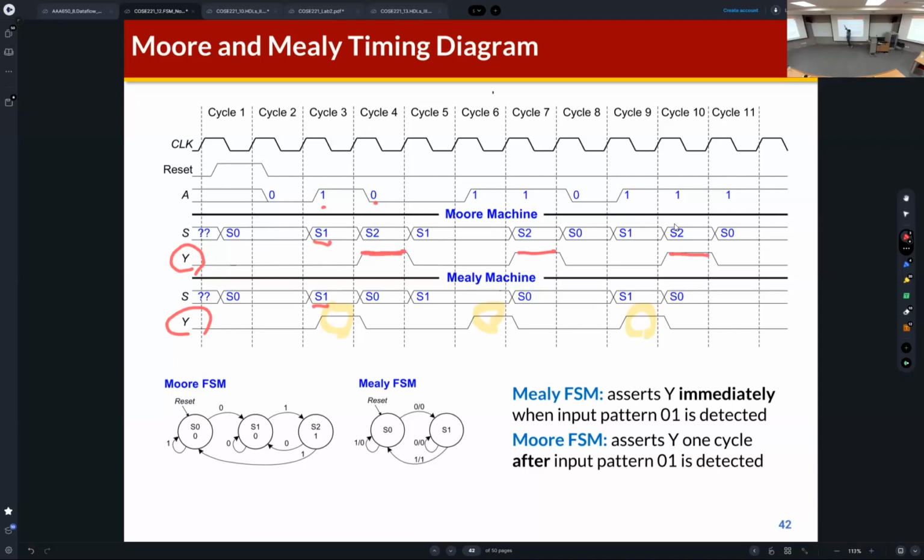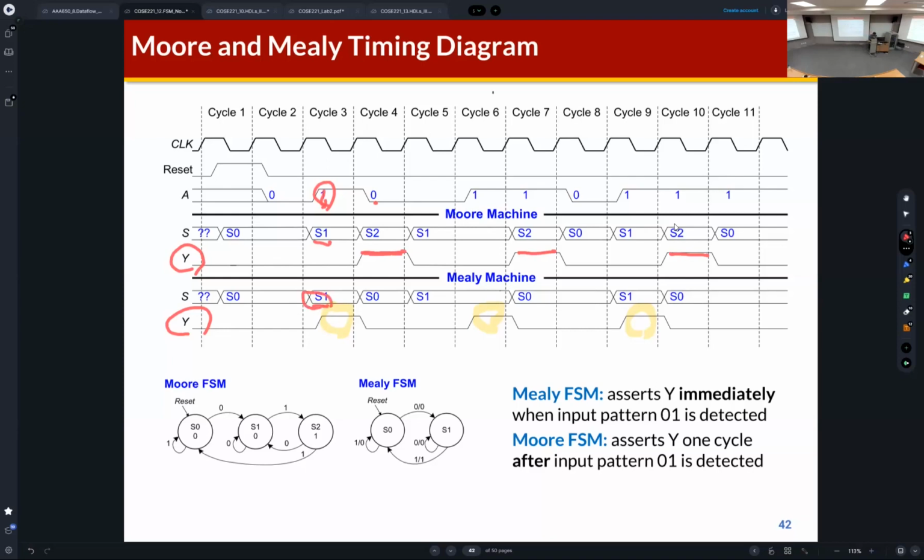The state is changed to S1, and then the input becomes 1. In the Mealy FSM, the 1 is detected and the output is changed immediately, because the current state is S1.